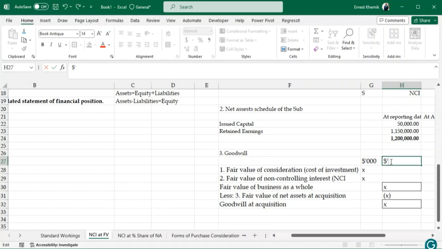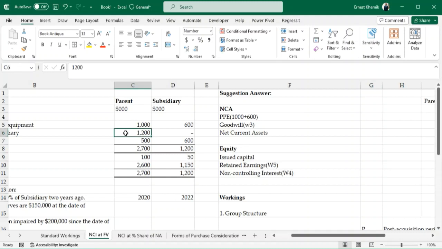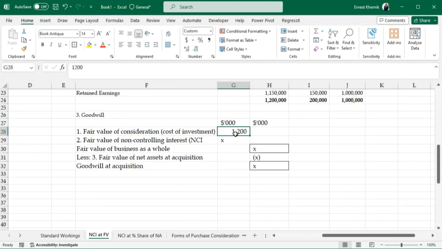Okay, now what is the fair value of the consideration? That is the amount we paid to acquire the subsidiary, and that amount is this particular amount here, 1,200. Alright, so we have 1,200 there. Then what is the fair value of the non-controlling interest?